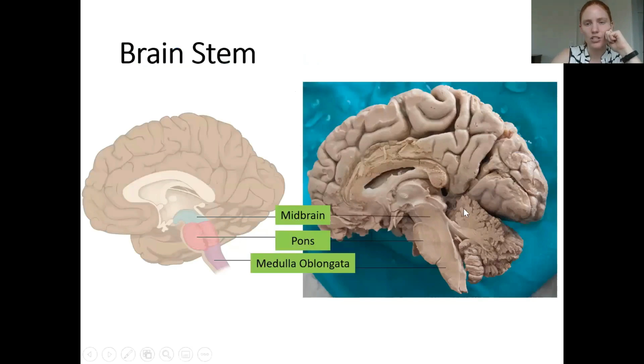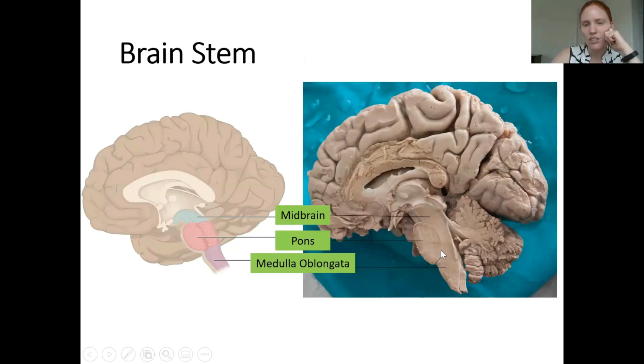Okay, on to the brainstem. So there is the cerebrum, the cerebellum. This area right here, anterior to the cerebellum, is collectively called the brainstem. There are three regions. You have the midbrain, which is this area here, sort of like a no man's land between the thalamus.